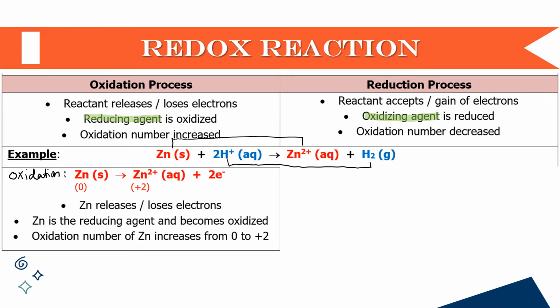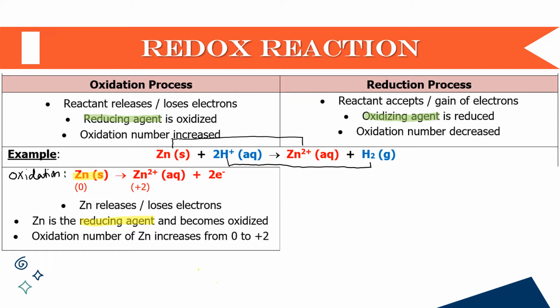Please take note over here, only the reactant can be what we call an agent. We have two types of agent, reducing or oxidizing agent. If that particular component, for this one zinc, undergoes oxidation process, we call zinc the reducing agent.